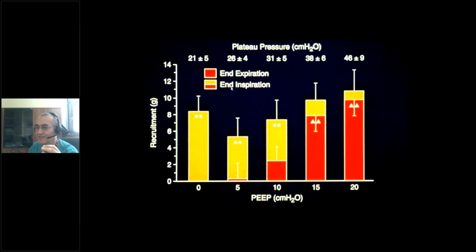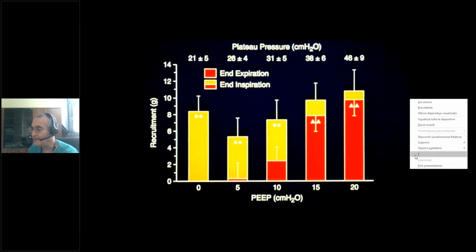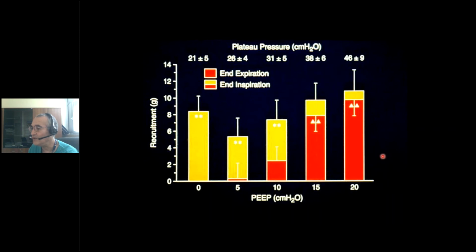It is maximum at a very low PEEP value, and it decreases when you increase the PEEP value. See, going to 10, 15, then it decreases. Still there is some, but it decreases. So applying a certain level of PEEP does reduce the atelectrauma phenomenon.